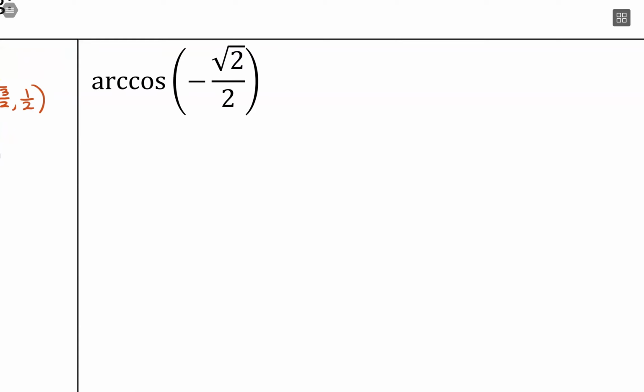All right, one more example here. So this one, it's inverse, so we're looking to find an angle measurement where we have an x coordinate, since we're looking at cosine, of negative √2/2.